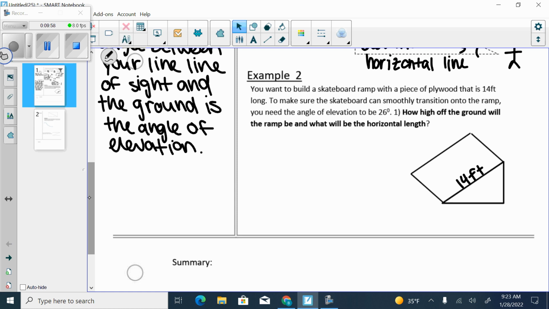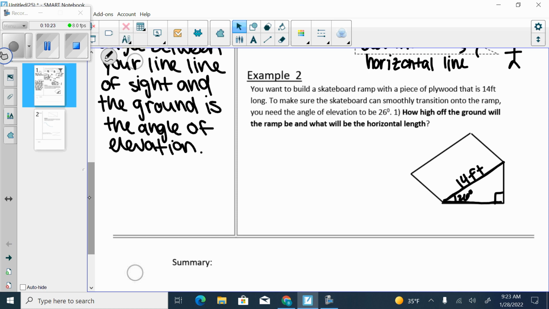Okay? So it was going up here, and there's my horizontal line. So the angle formed here must be the angle of elevation, right? And how many degrees did they say that angle was? Okay, so I got 26 degrees at this angle. Obviously, this is our 90-degree angle right here in this corner, right?